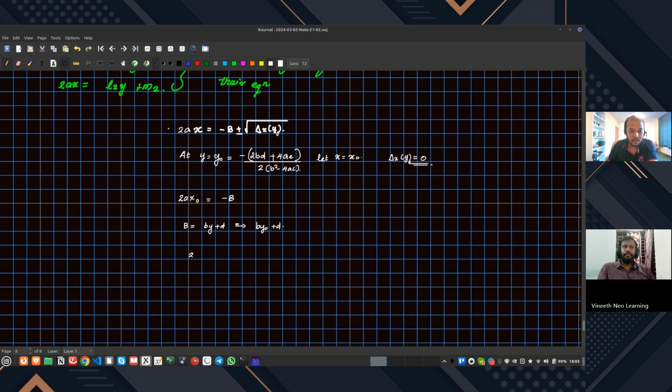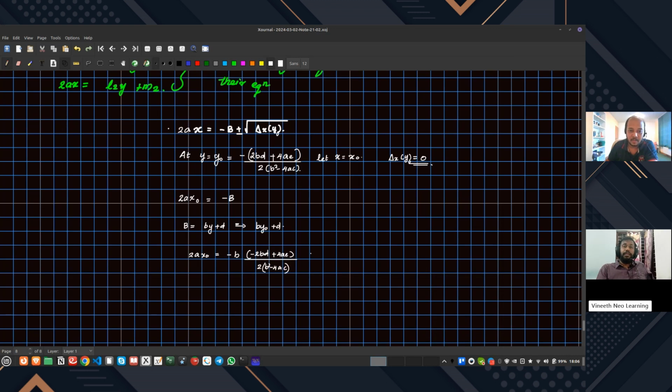So you will get 2ax0 should be equal to negative b y naught minus d. We know y naught, so I can just put in the values, plus 4a divided by 2b square minus 4ac.